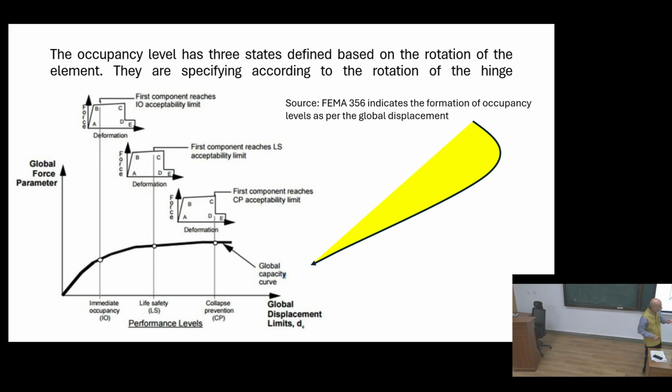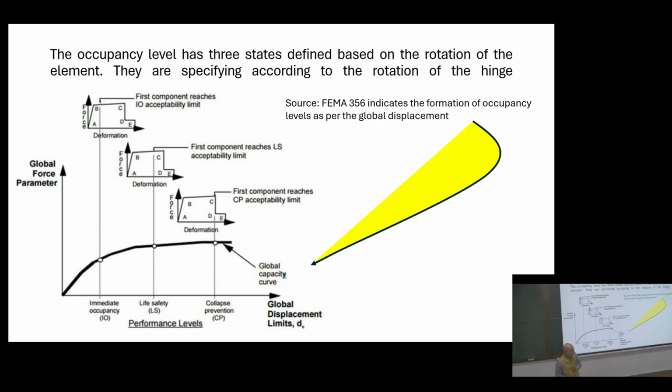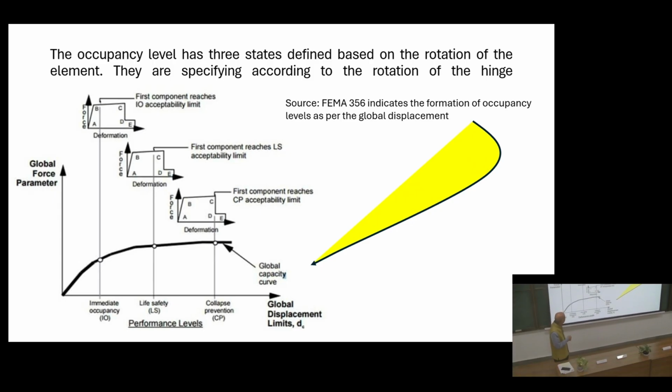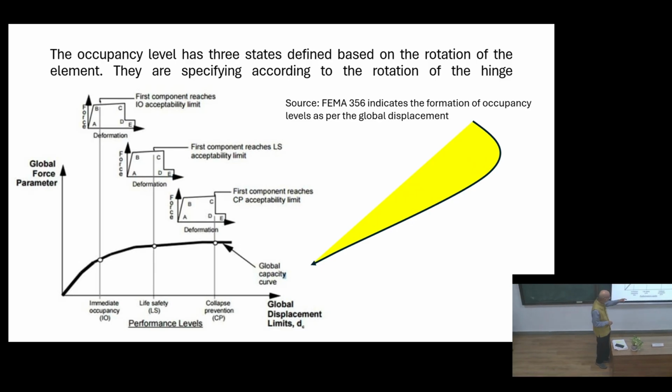That means it's not going to fall, it's not going to collapse. That's what I defined as the level. So this is how this curve is being used for design when we look at performance-based design. So you can easily understand how to use this idealized curve. Next slide.